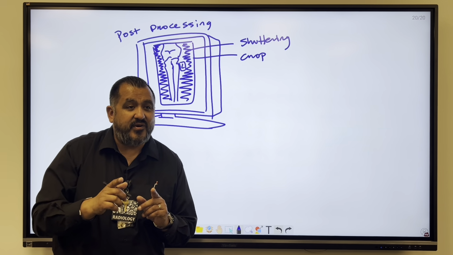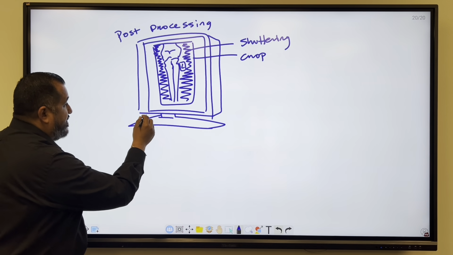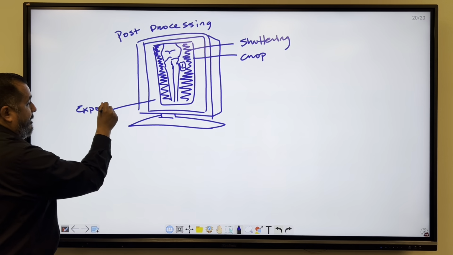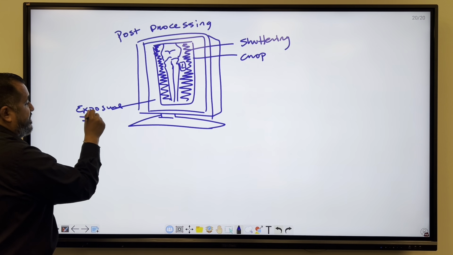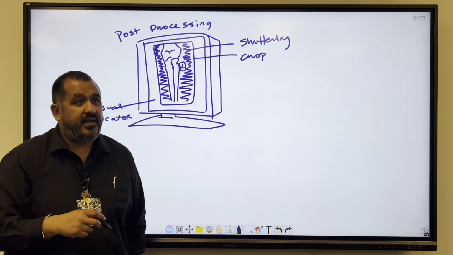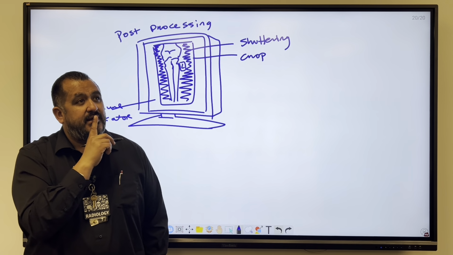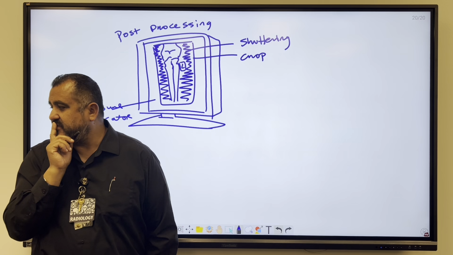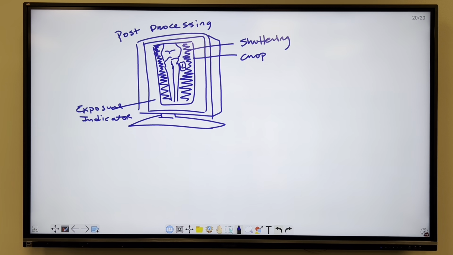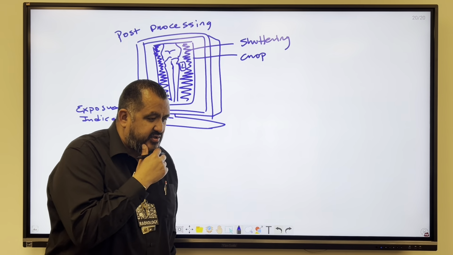But before we talk about windowing, I want to tell you guys, in the corner here, you're going to have an exposure indicator. An exposure indicator is a number that's going to show up. Let's say we're working with systems like Carestream or Rayance.